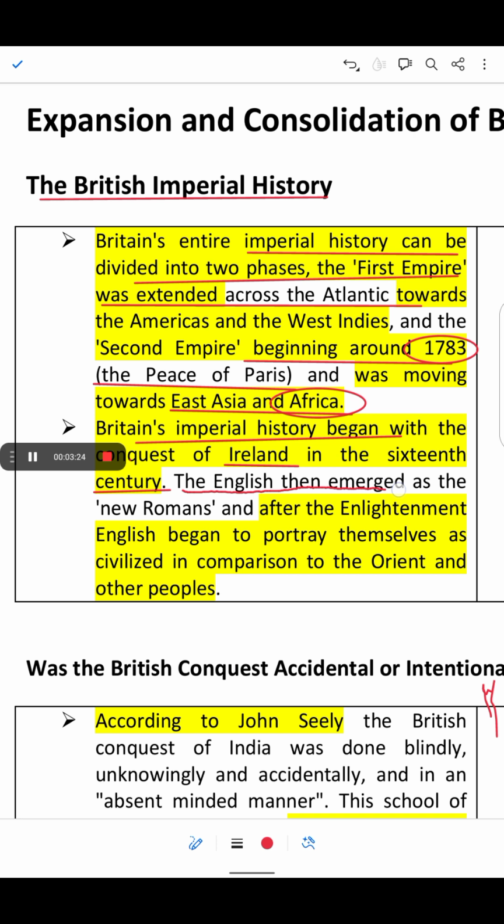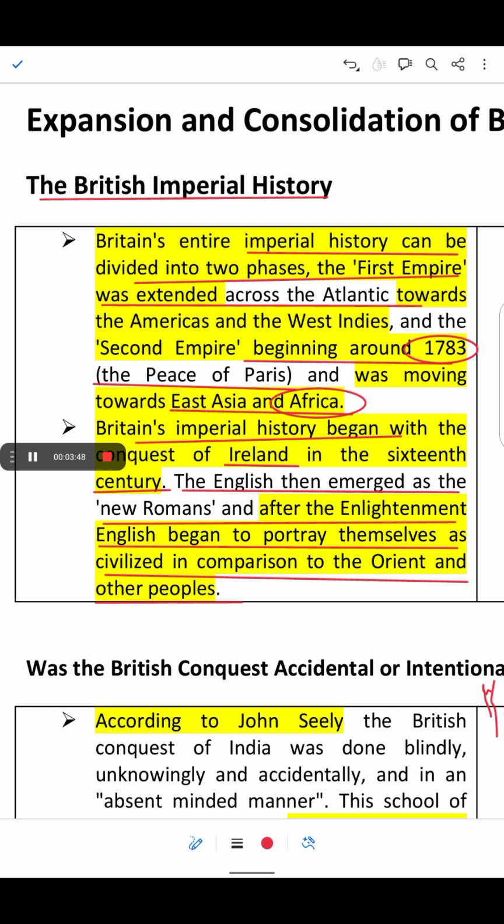The English then emerged as a new Roman, and after the Enlightenment, the English began to portray themselves as civilized in comparison to the Orient and other peoples. Here, Orient refers to the eastern region of the world, especially Asia, which includes countries like India, China, Japan and the Middle East.